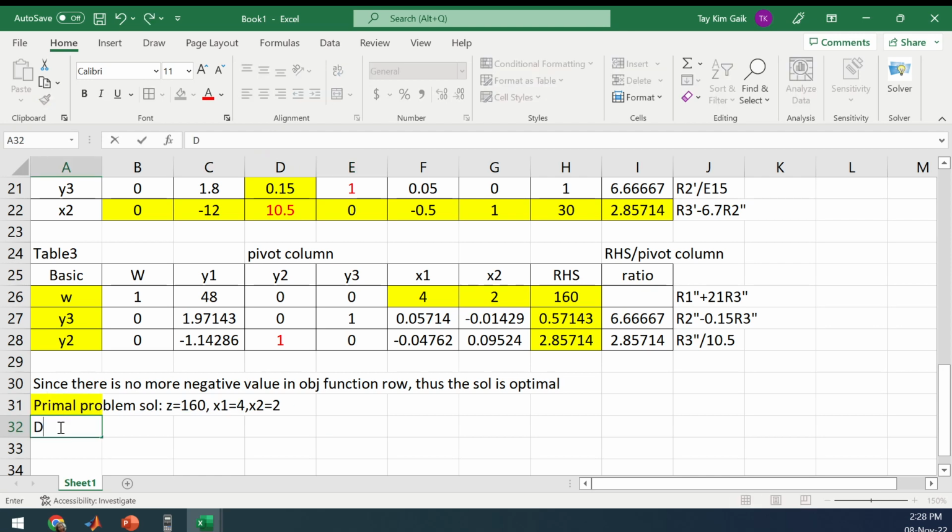And then the dual problem solution, you can read it from here: y3 equal to the right hand side, 0.57, and then y2 from the right hand side is 2.86.